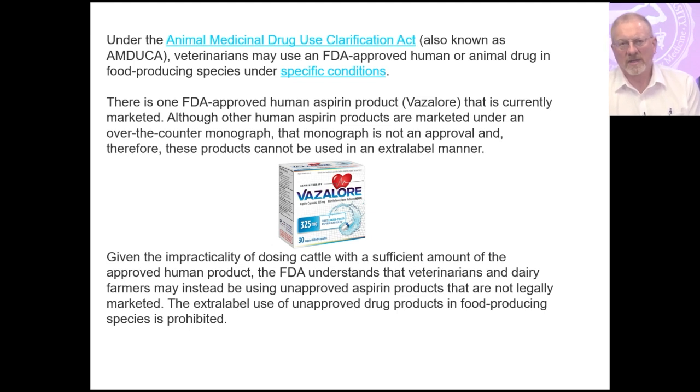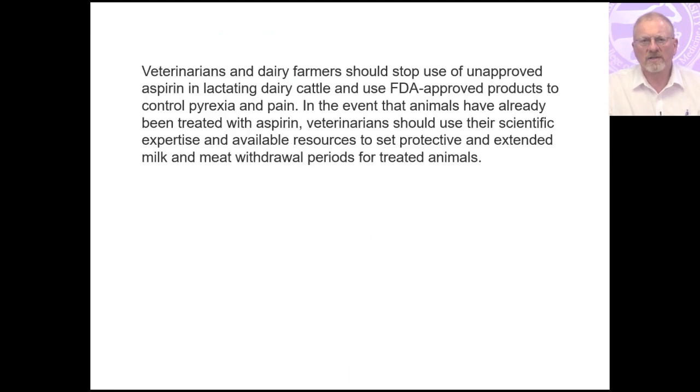It was becoming aware of the use that was going on, and also the publicity surrounding that use. And they elected to come out and say, well, aspirin is not approved, so therefore under AMDUCA, as it always has been, use of this drug in an extra label manner is not permitted under the AMDUCA regulations.